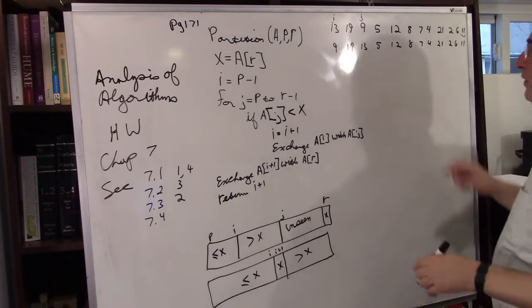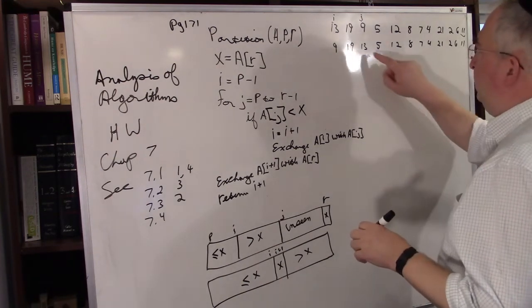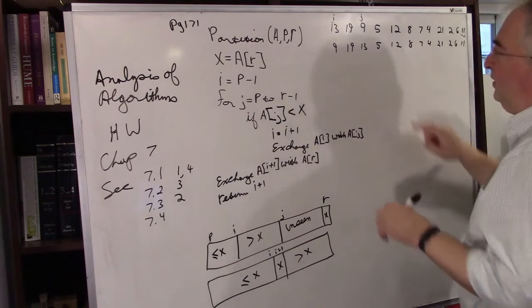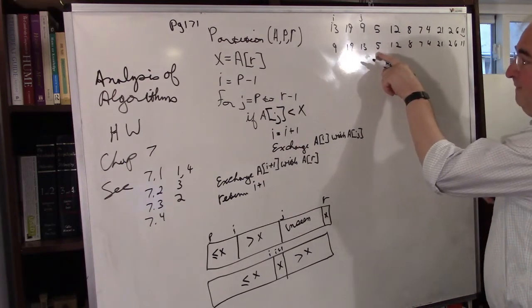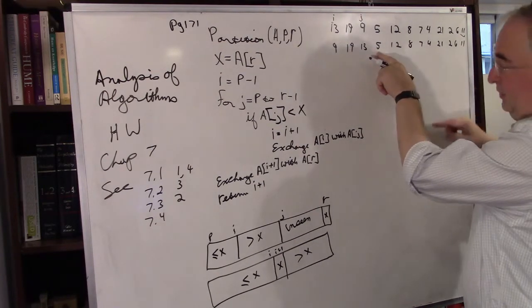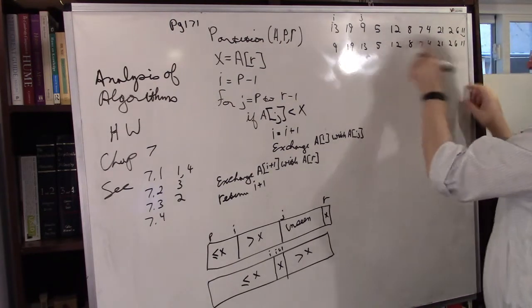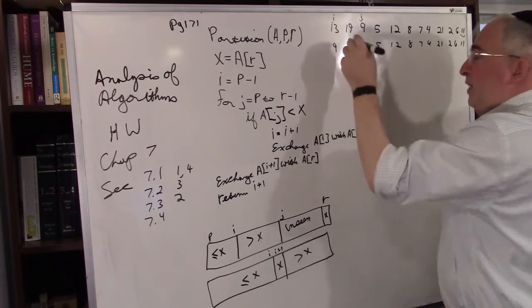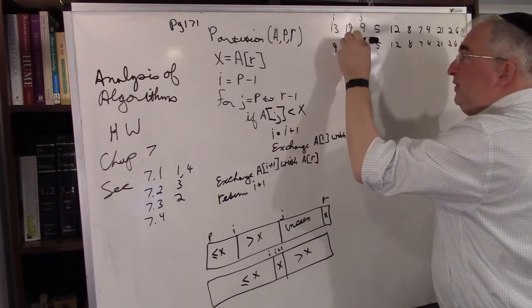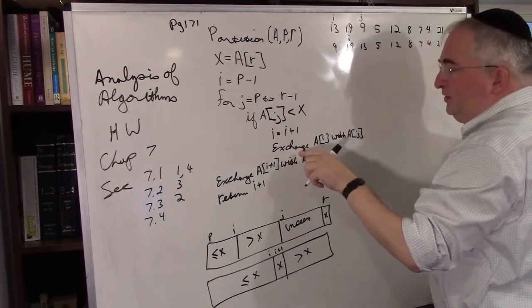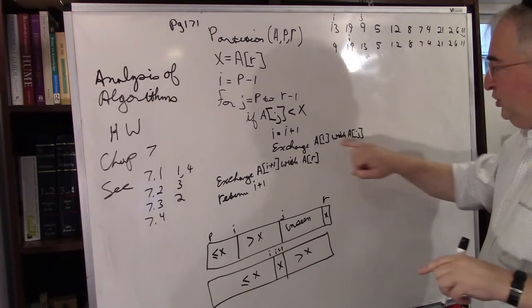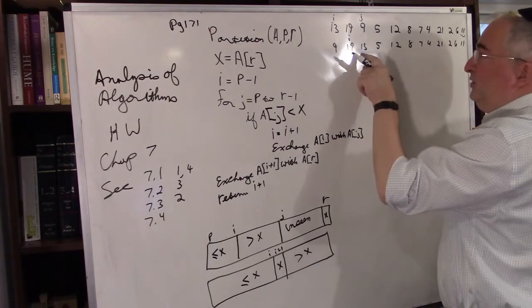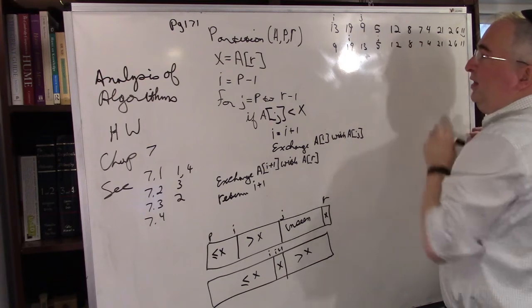Now we go further. 5. We're here. 5 has to go there because it's less than 11. That's our pivot. So I is equal to I plus 1, so here's I. We increment I, and now we're going to exchange A of I and A of J. So here's J, and we're going to do it.